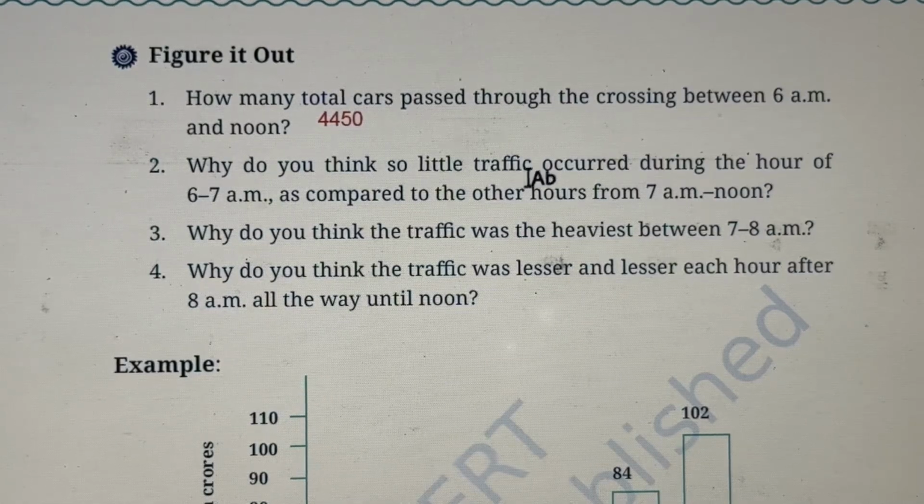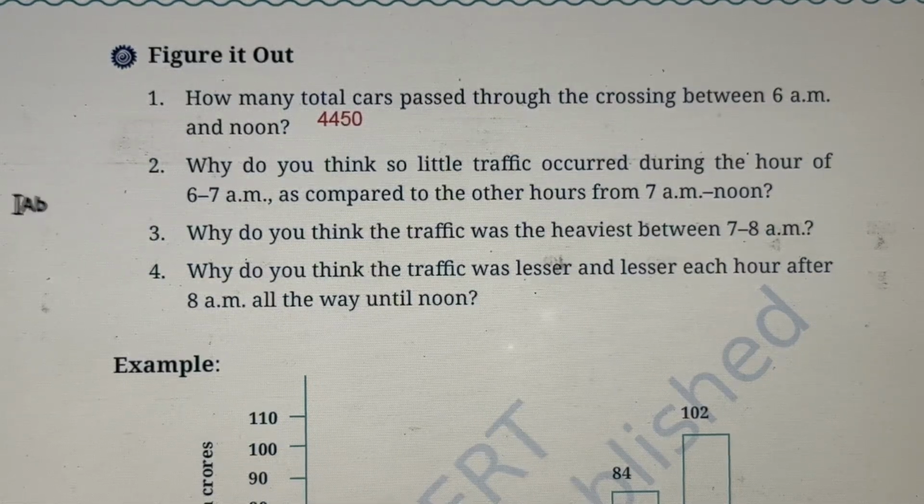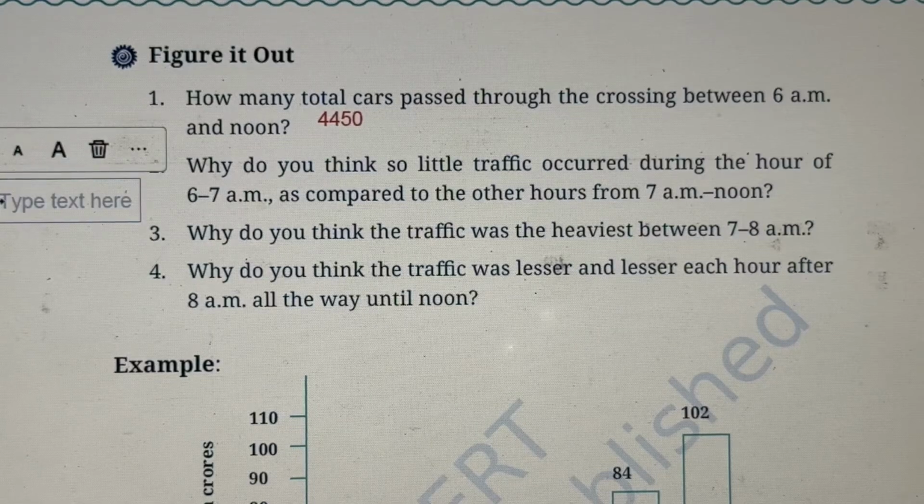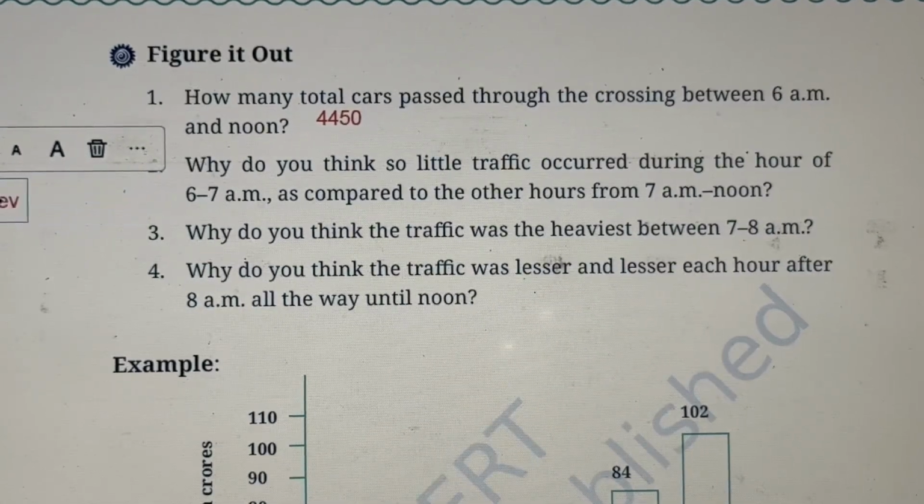Okay. Now let us see another question. Why do you think so little traffic occurred during the hour 6 to 7 a.m. as compared to the other hours from 7 to noon? Right. So you can write, because 6 to 7, most of the people are at home. No one is moving.